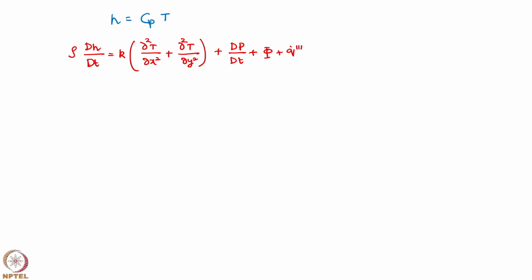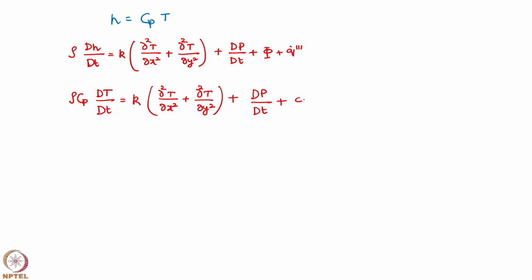Now if I substitute H is equal to Cp into T, and Cp is constant, rho Cp dT by dt is equal to K into ∂²T/∂x² plus ∂²T/∂y² plus dp by dt plus phi.